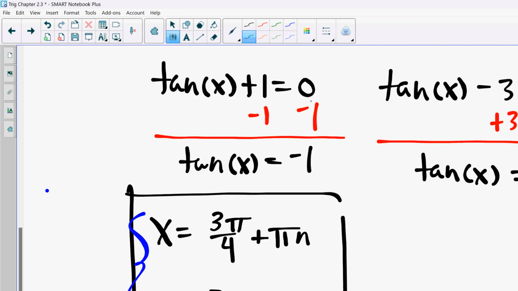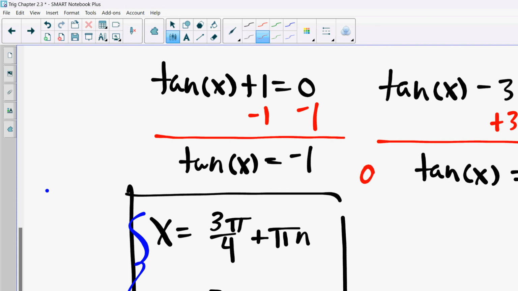Yes. Tangent, cotangent, secant, and cosecant are the 4 that can have a value greater than 1. They're the only 4. If sine or cosine has a value greater than 1, we're trying to find sine of an angle that's equal to 3. It doesn't work. But here it does.